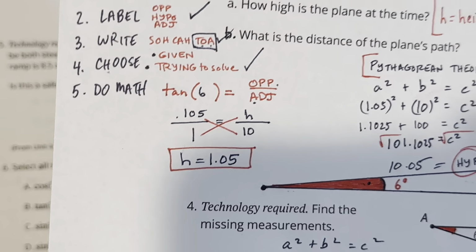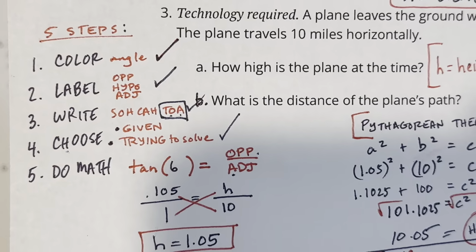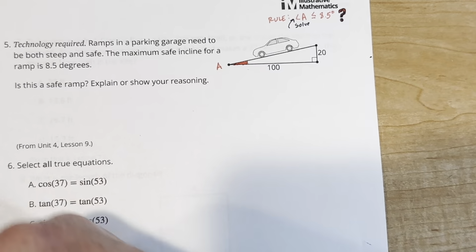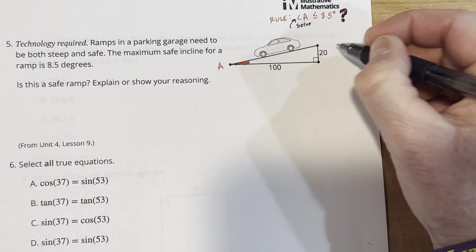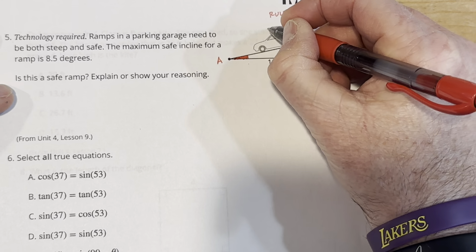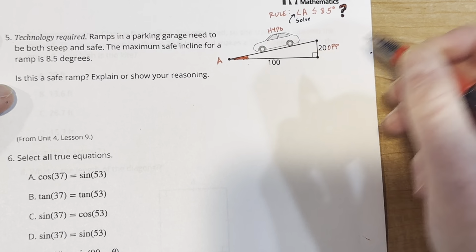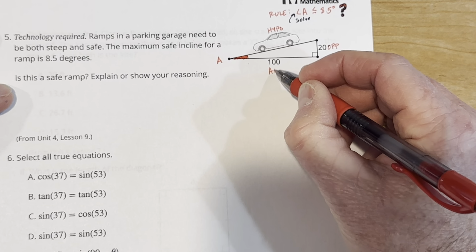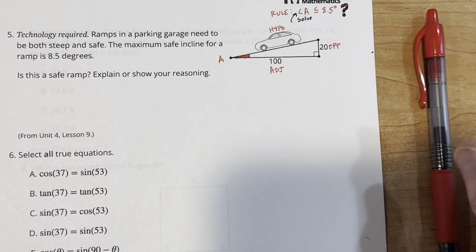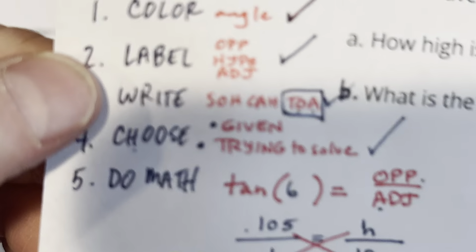Color, label, write, choose, do math. How about that? Color, label, write, choose, do math. That should work. Color, label, right.